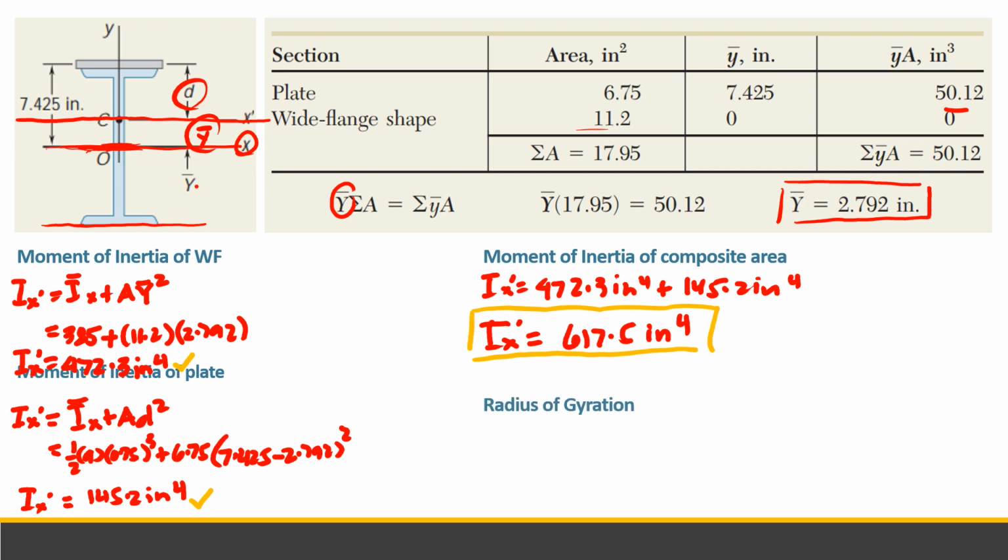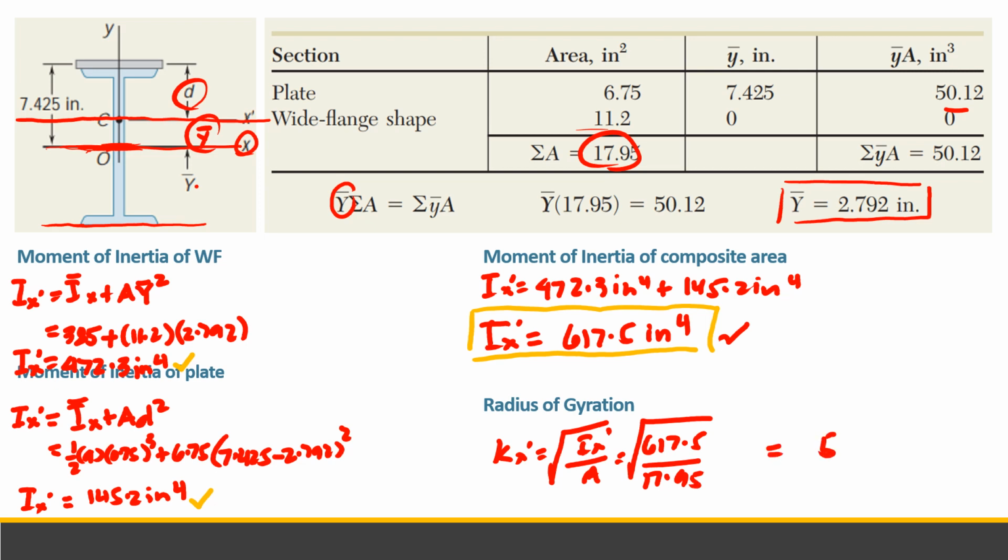So next naman is the radius of gyration. So radius of gyration is kx prime is equals to the square root of Ix prime over A. So we have now the Ix prime, which is 617.5 over the area, which is 17.95. Ito. So 17.95. So the radius of gyration is equals to 5.87 inches with respect to x prime.